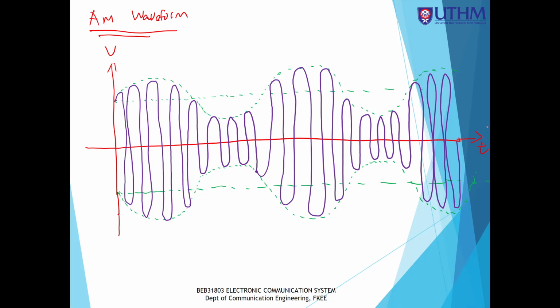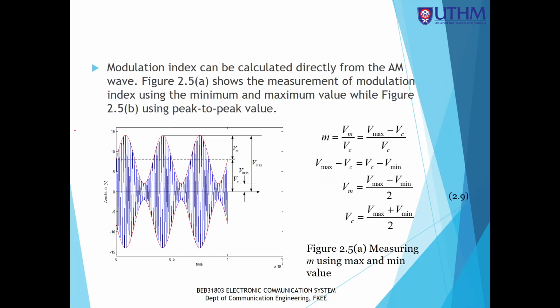Another thing, normally I also want you to label the maximum and minimum. We will learn about maximum and minimum later. So here is Vmax, the maximum, and over here is Vmin.